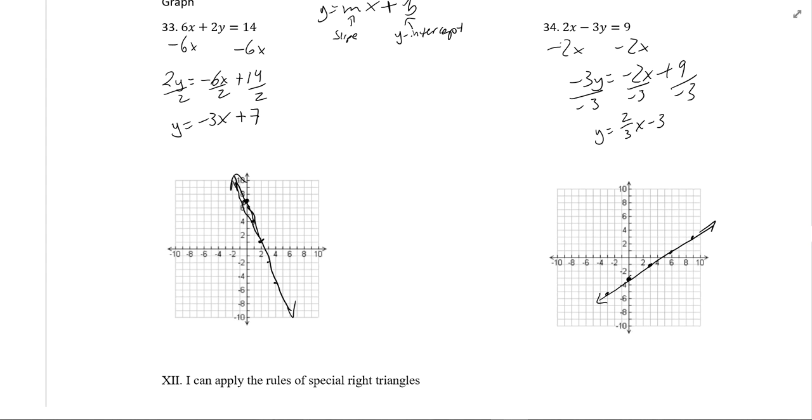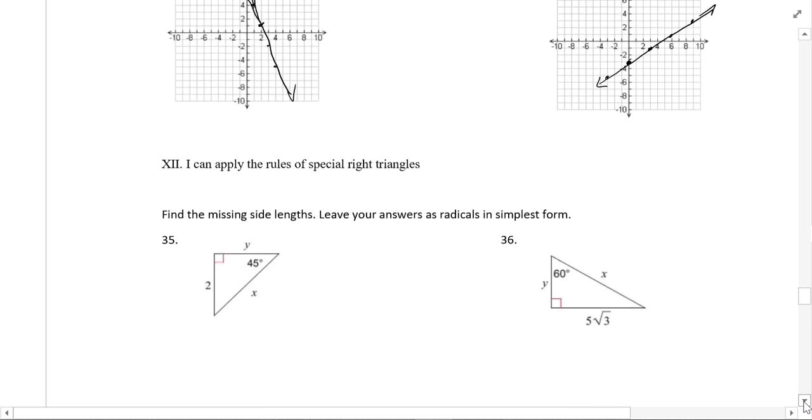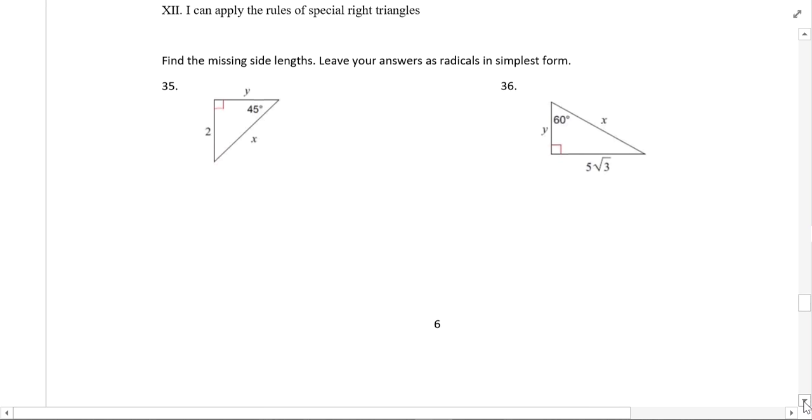All right, so let's go ahead and look at topic number 12 here. I can apply the rules of special right triangles. So hopefully you remember the rules of your special right triangles. You probably did this in Algebra 2 and in geometry. And these are the rules if you don't remember.